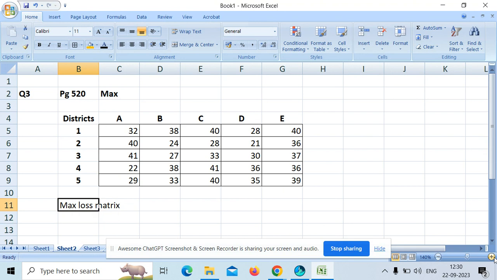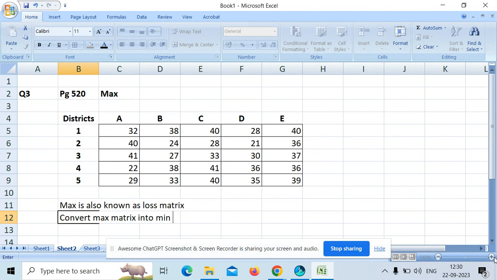Maximum matrix is also known as loss matrix. Convert the maximum matrix into a minimum one, and then start with the problem.